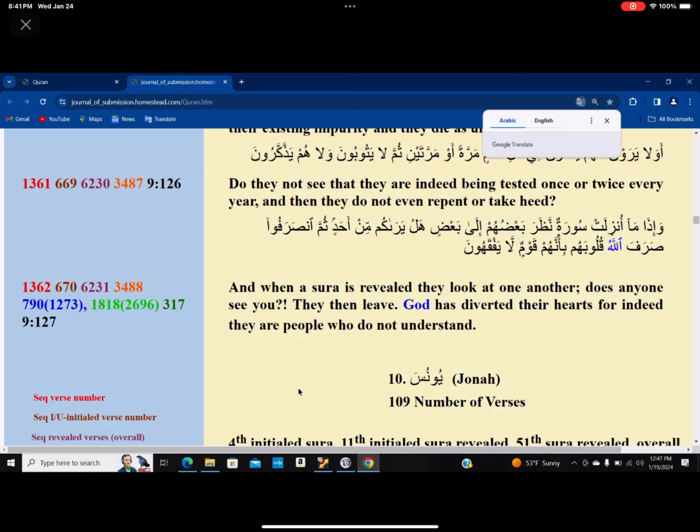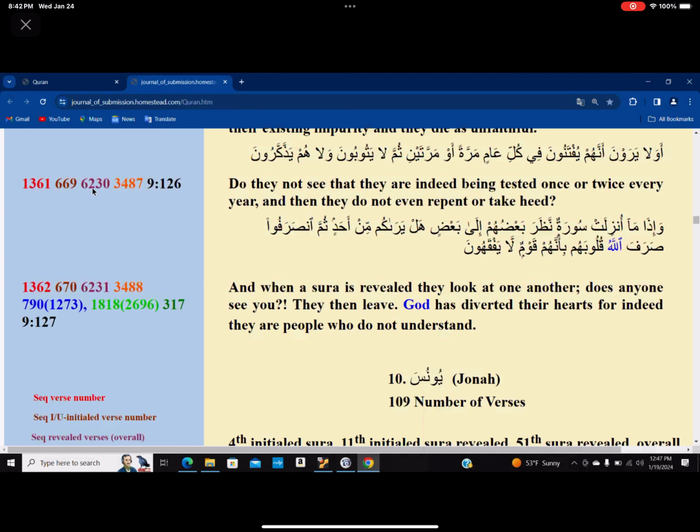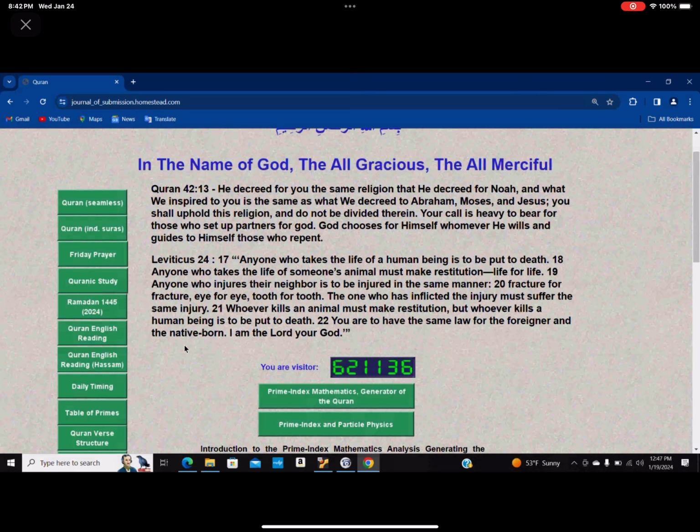And as I said, these are things right in front of us. I have the references here, and you can check these references for yourself.